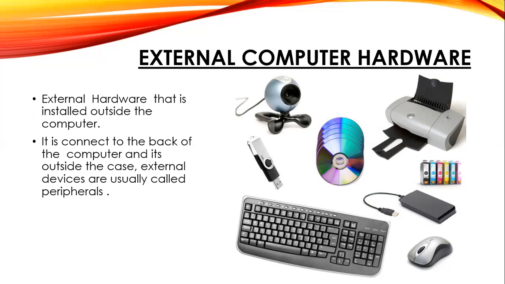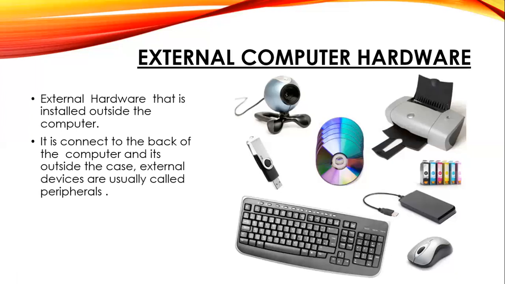You can see we connect our mouse, keyboard, pen drive, and printer on the outside. Those we consider external computer hardware. You must be able to clearly identify which parts belong to external, and you can see them here.